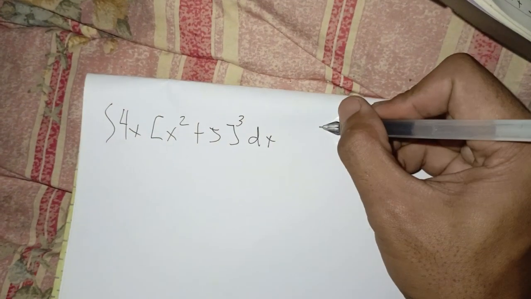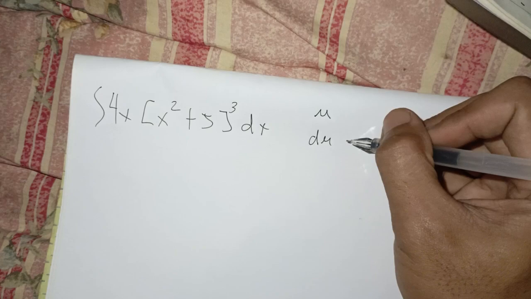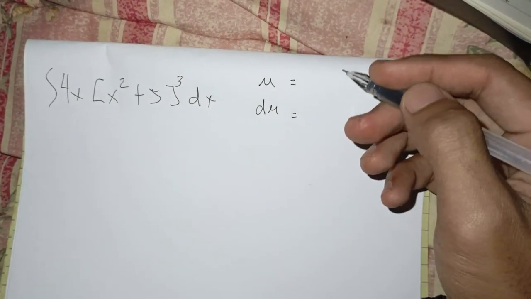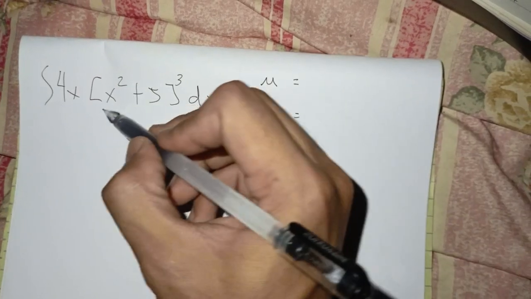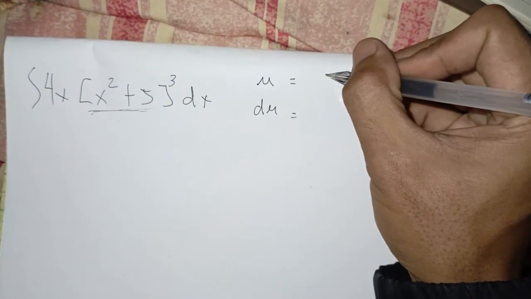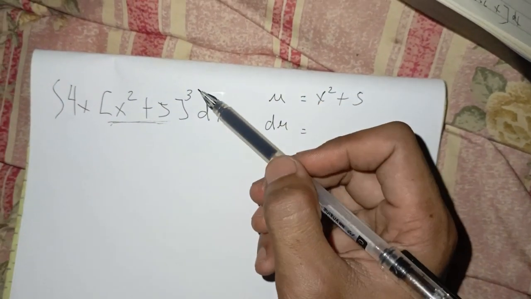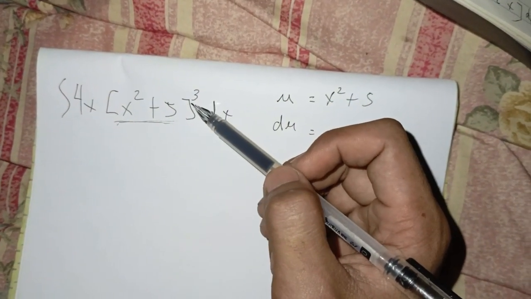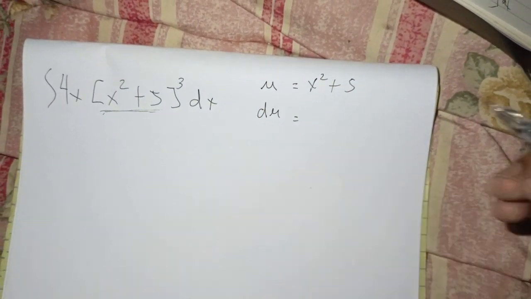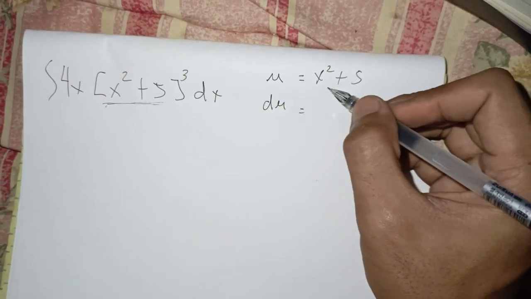Now we're going to have our list here, u and du. Our u will be what is inside, so x squared plus 5, and we copy the exponent. The du is the derivative of x squared plus 5.